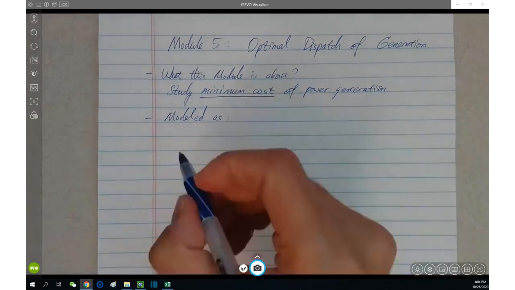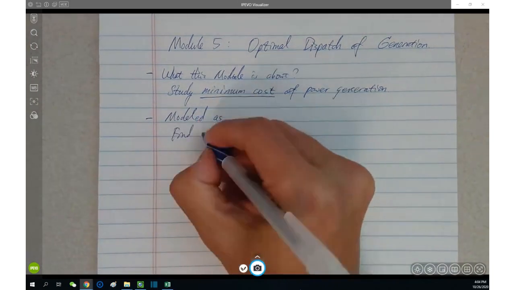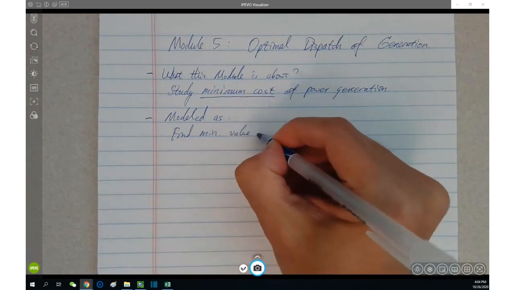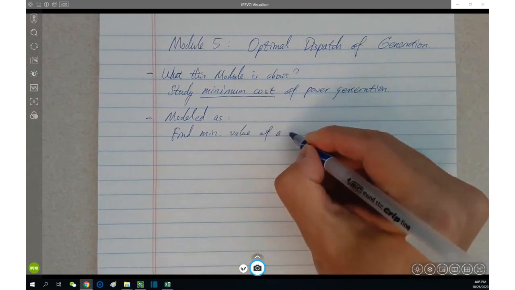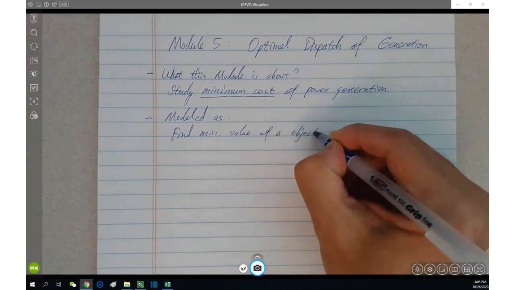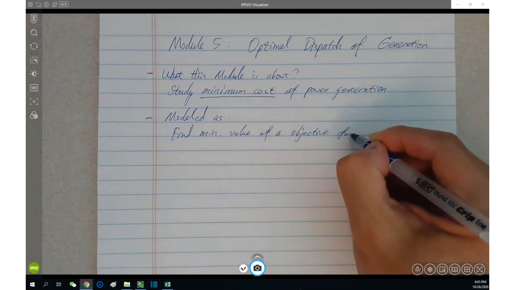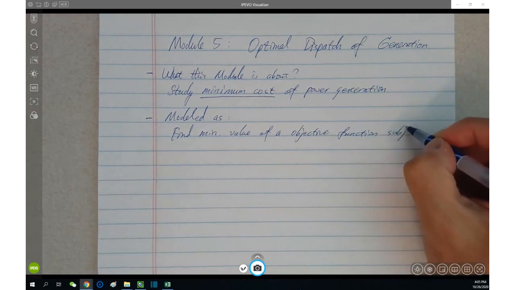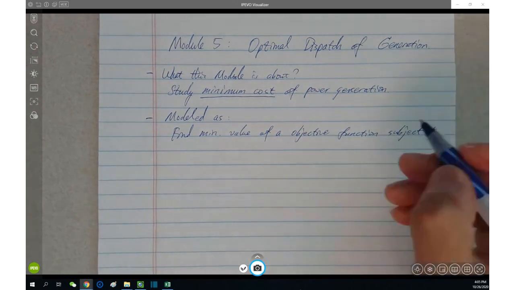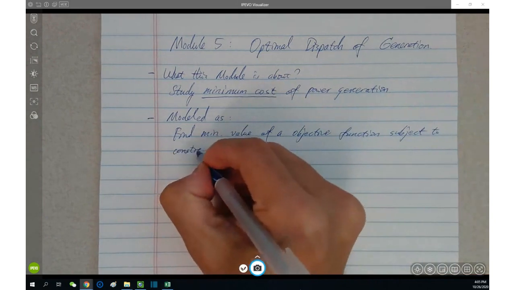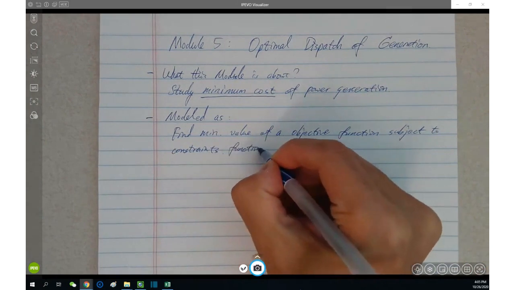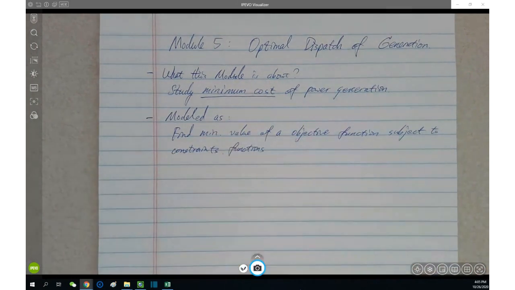Just find the minimum value of an objective function subject to constraints, or say constraint functions. This is the mathematical model, or say how we solve this problem.